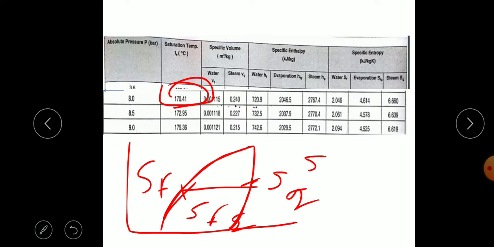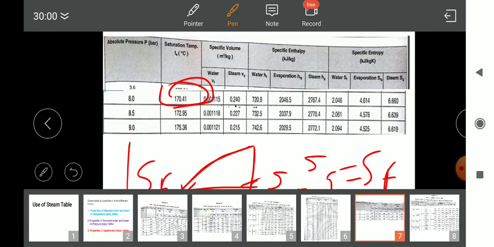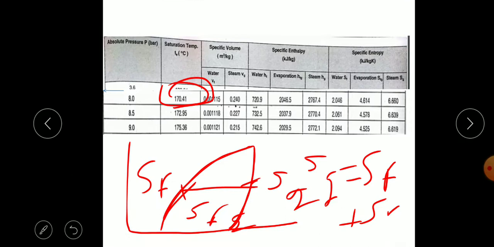So Sg is equal to Sf plus Sfg. So we know at this point the entropy is the addition of Sf plus Sfg.